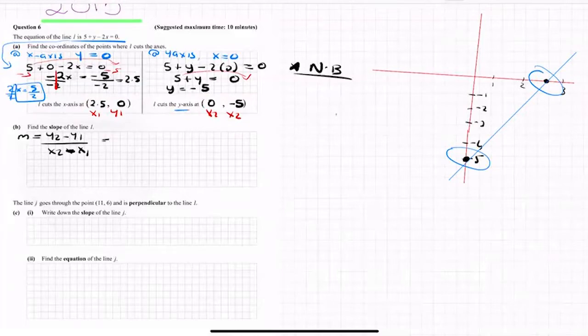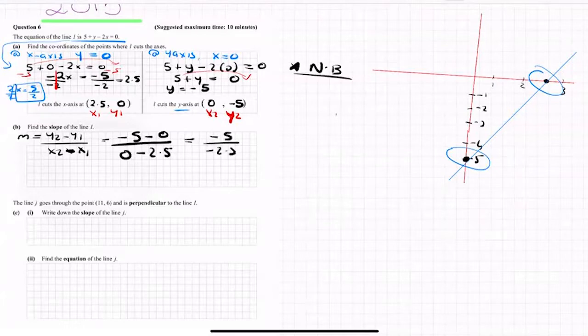So that you get y2 minus y1 over x2 minus x1. So you get -5 over -2.5. So you're getting a slope of 2. Okay, is there another way you can have done that?